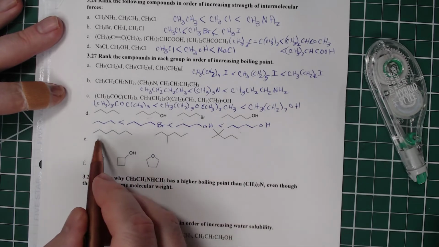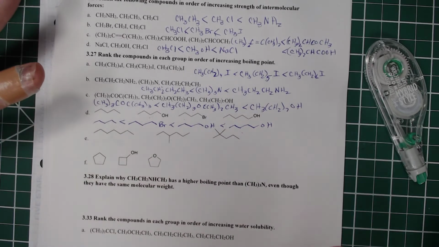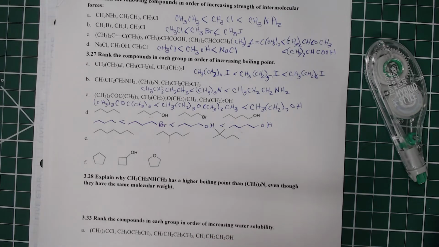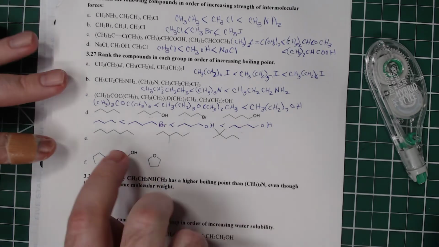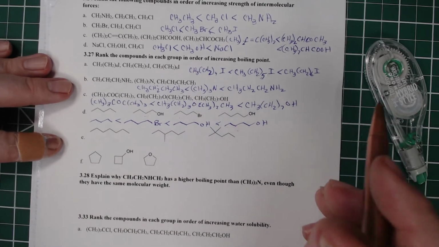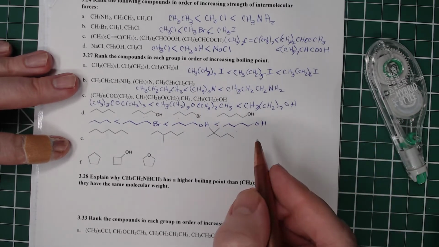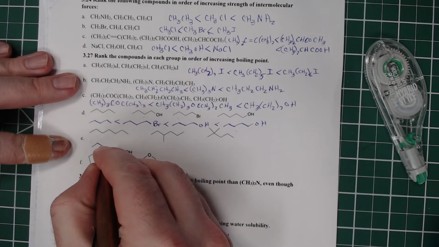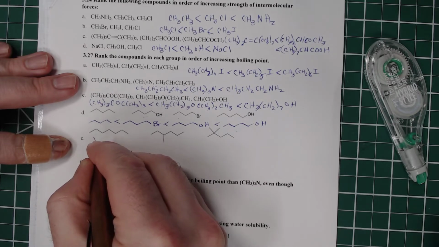All right, on this next one, it's all about shape. So what we're going to find is that the more stretched out it is, and you'll see, again, these are all isomers of each other, the higher the boiling point is going to be. The one that's the least stretched out is this one. So 1, 2, 3, 4, 5, 6, 7.